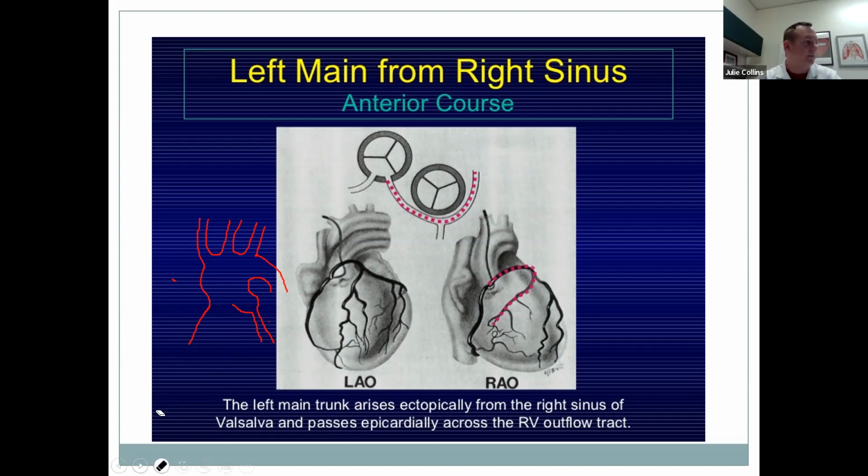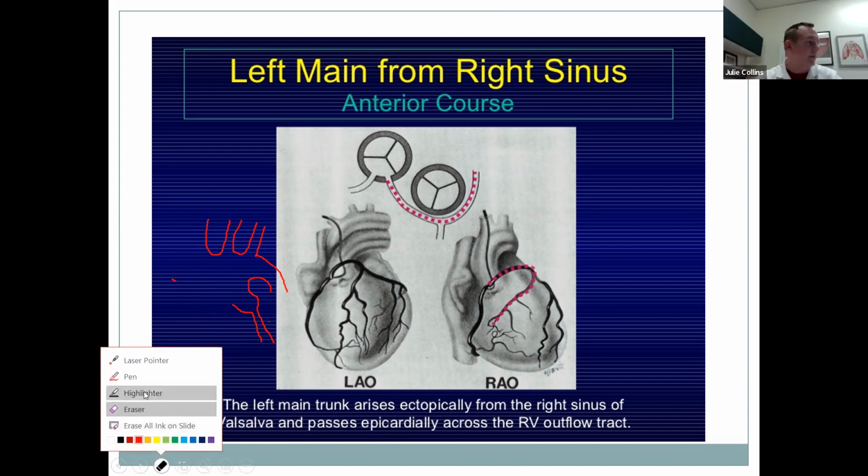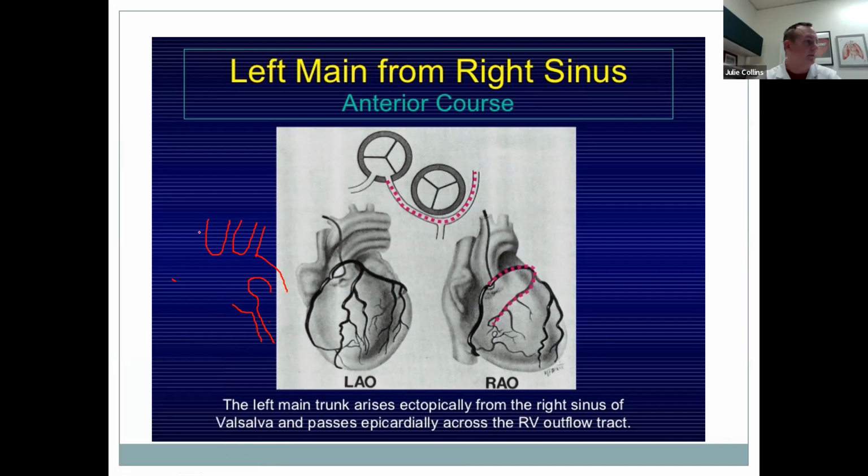Hold on. Is it the sinus of Valsalva? Sinus of Valsalva. Okay. What's the significance of the sinus of Valsalva? Its bulb shape during diastole creates a turbulence that shoots the blood down into the coronary vessels.